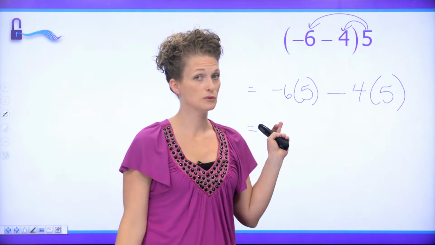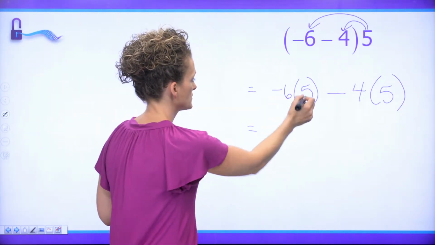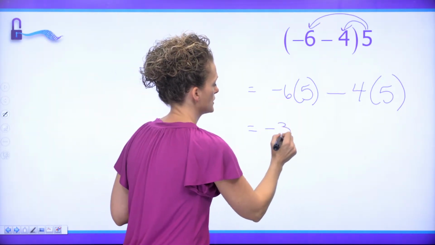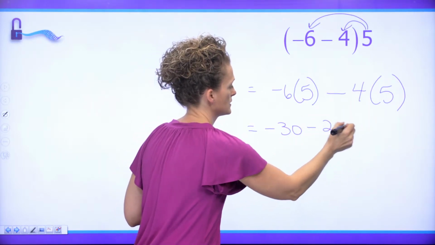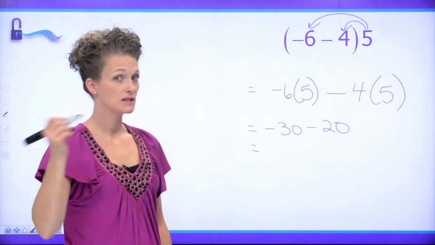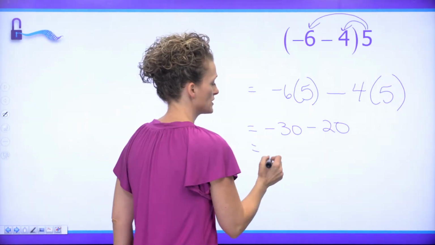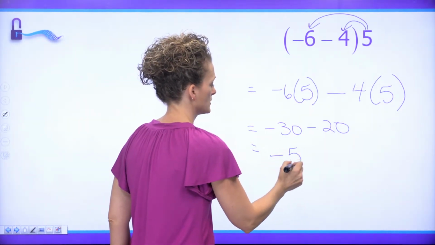Now we just have a simple multiplication problem. -6 times 5 is -30. -4 times 5 is -20. And now we subtract. So -30 minus 20 gives us -50.